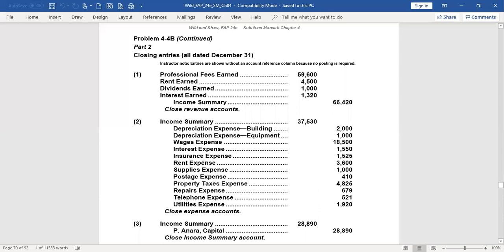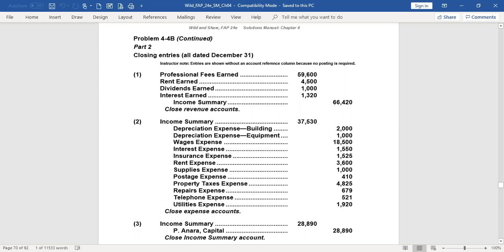And on the credit side, I'm going to start with the $92,800 credit balance that's on my adjusted trial balance right in front of me. I'm now going to increase my capital, post that $28,890 to it. And I'm also going to debit the income summary account I have going for $28,890.